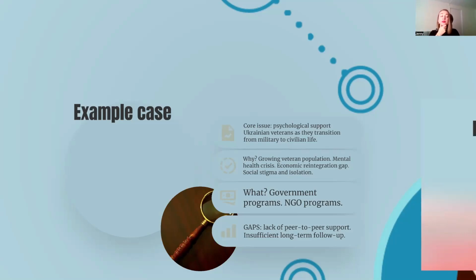You need to see why it's still a problem. Despite all the solutions out there, it's still a problem because it's a growing veteran population in Ukraine. It's a massive support need. If we are not doing anything about that, it's a mental health crisis. It's also hard to reintegrate economically, and it also leads to social stigma and isolation.